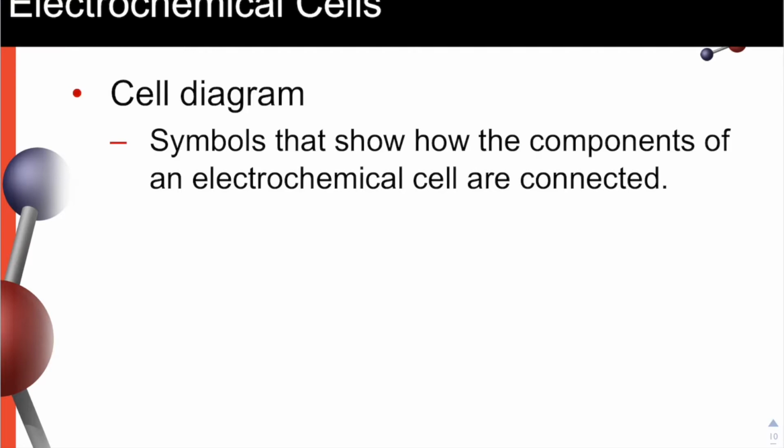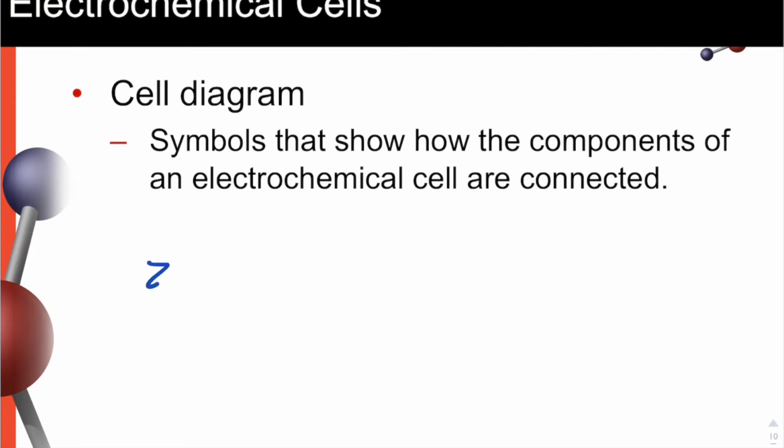The other thing that you need to get comfortable with is electrochemical cell diagrams. So what we're going to do is take that previous cell and write it in a notation that explains to us how the cell is constructed.